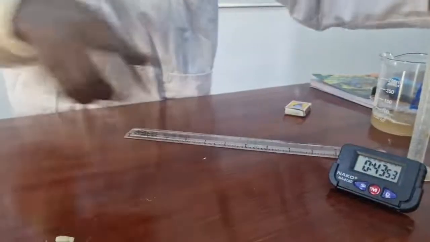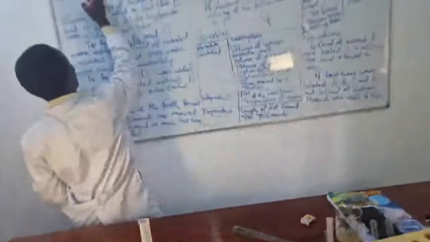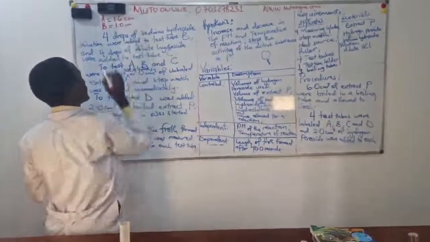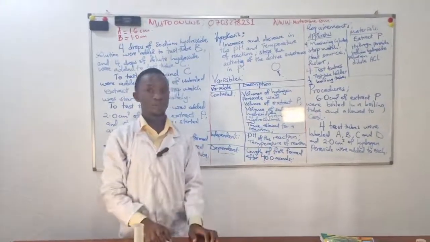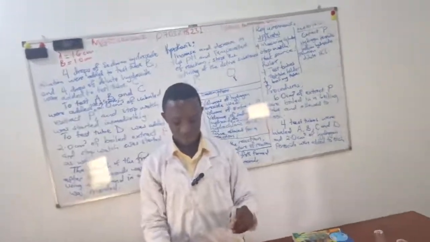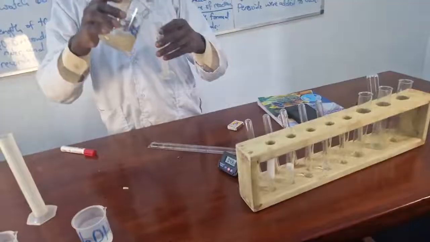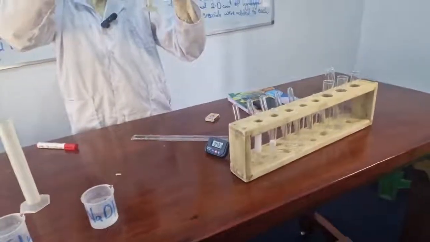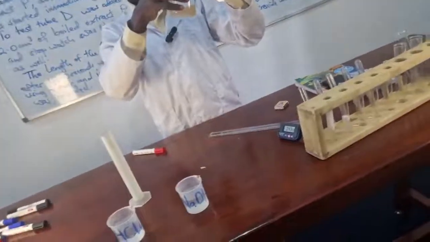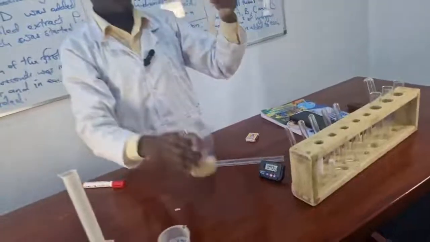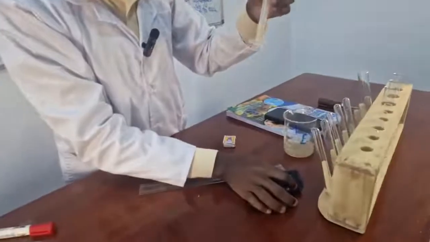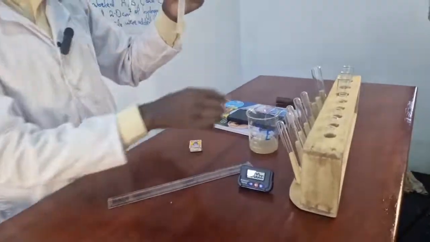With test tube B, the length of the froth is 1.0 centimeters. When we go to test tube C, I'll rewind my stopwatch.